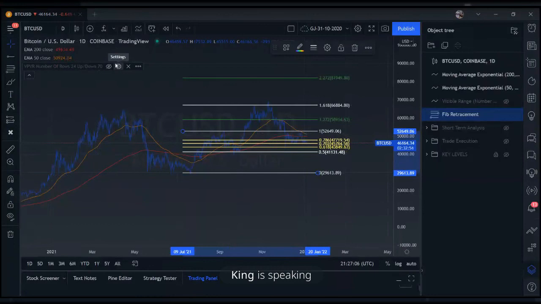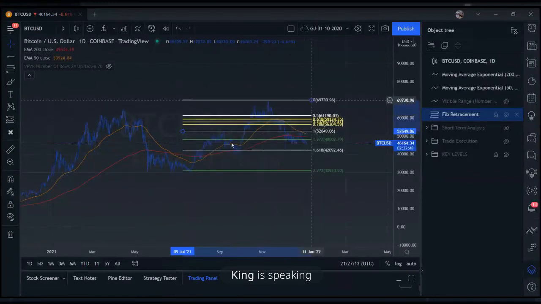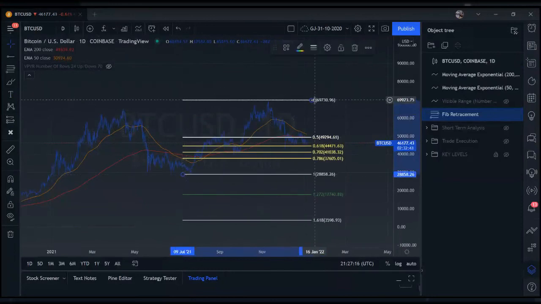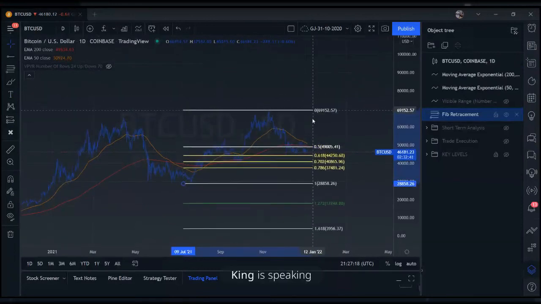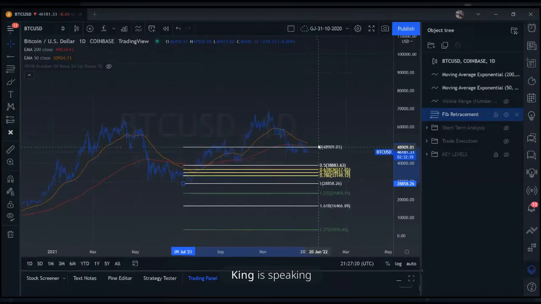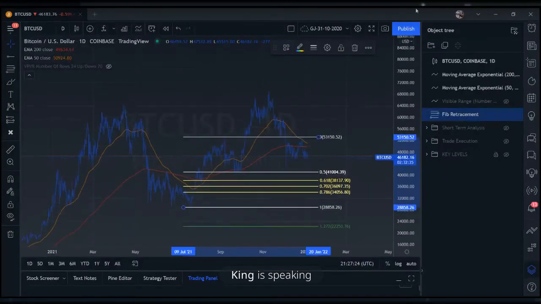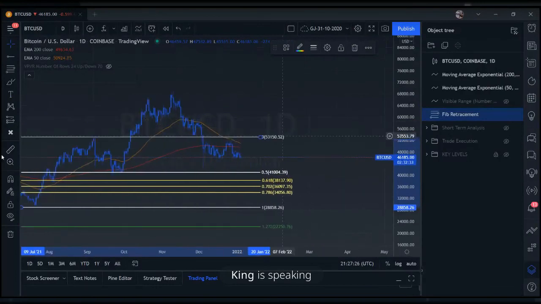So for example, this swing here, we got the 50% fib level. I'm not sure if you would have been able to see it at this price. I don't know if I should rewind all the way back, because that seems a bit long. Let's see.